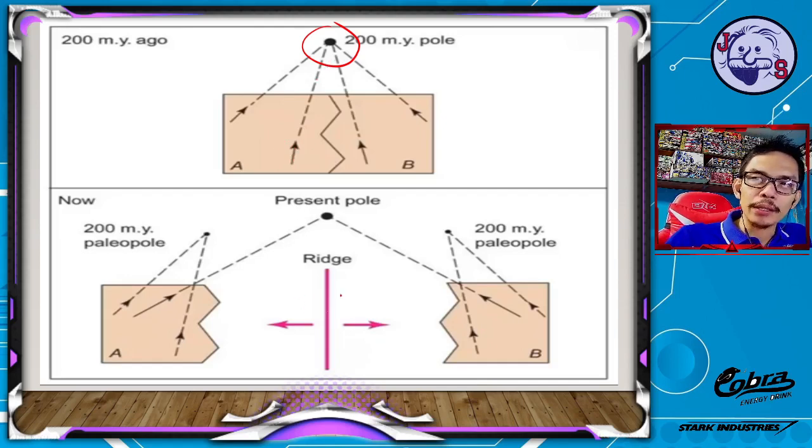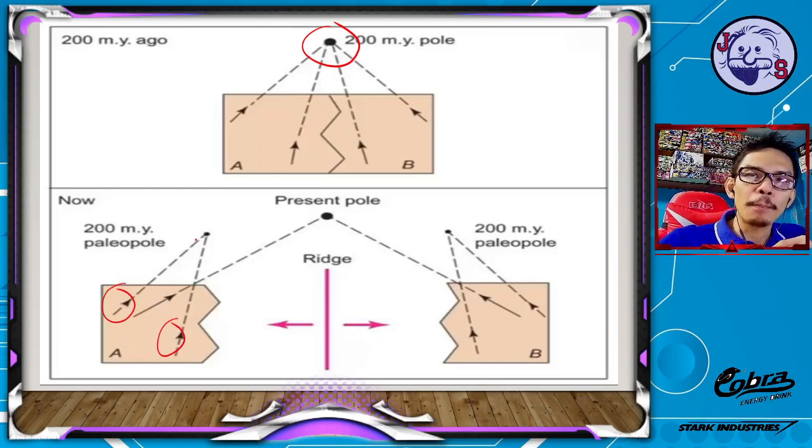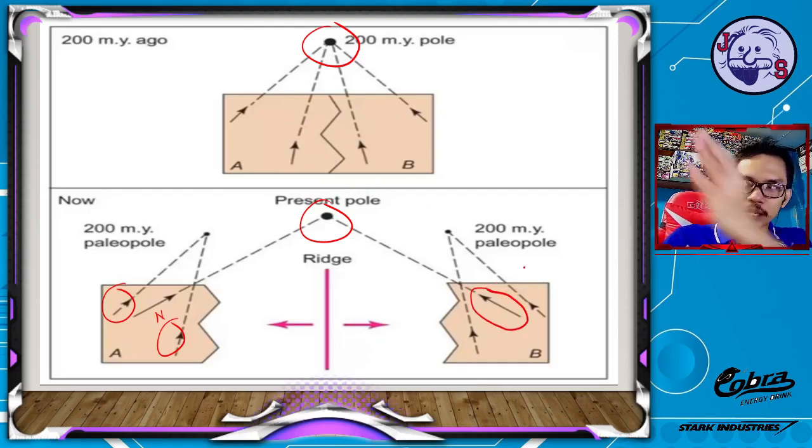Eventually, the ridge separates the land, one on the western side and one on the eastern side. The new magnetite that you have right here points to the present North Pole, and the same way the magnetite did on the eastern side.